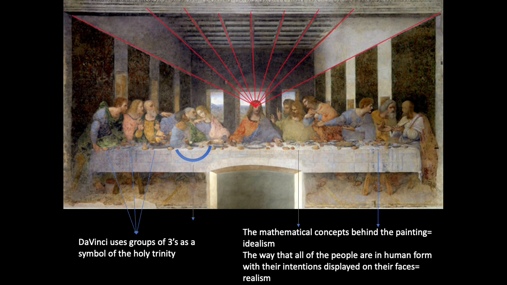You can see how all of the receding lines converge at Jesus's head, making Jesus the most important thing in the image. Additionally, Da Vinci wants to use the innovation of oil paints, and we're going to see how that plays out here momentarily.